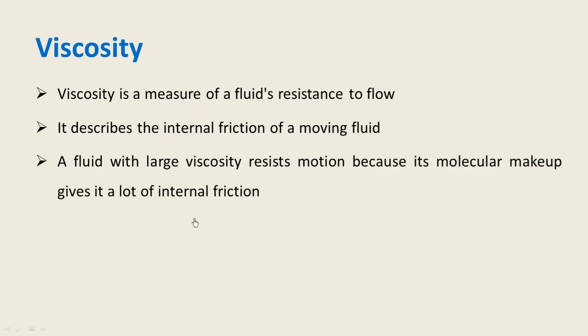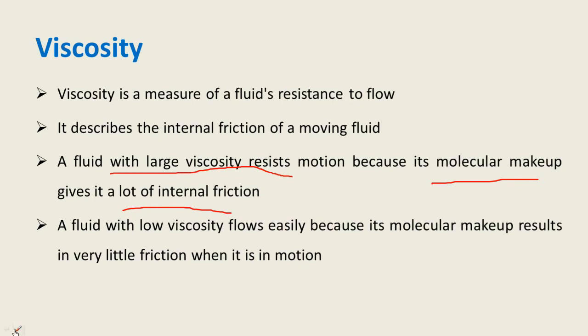A fluid having a large viscosity has its motion restricted because the molecules are creating a large friction, so a lot of friction. When the fluid has a low viscosity, it is easy to flow because the molecules are creating little friction. Okay, so this is how we understand viscosity.